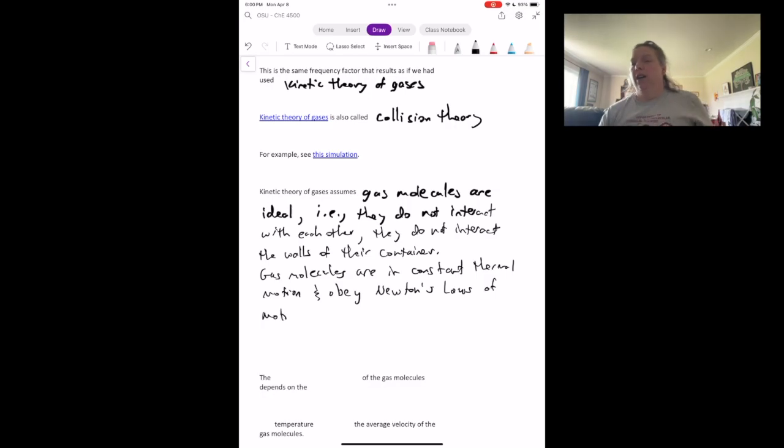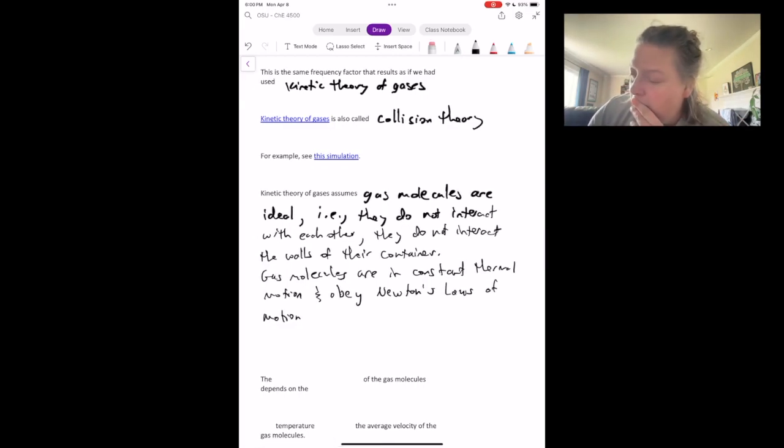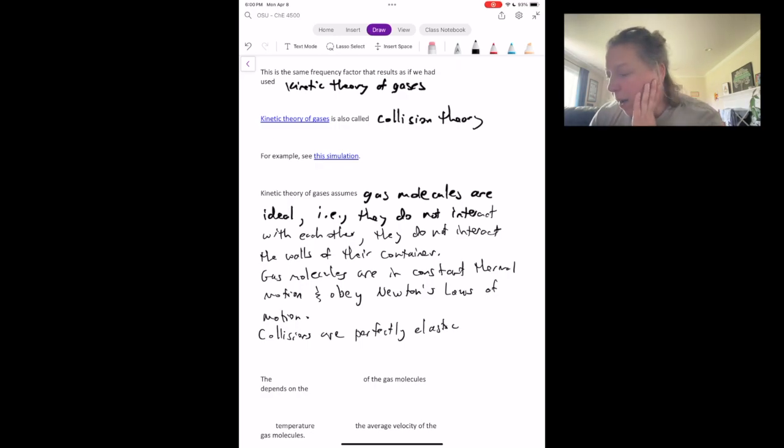This means that their motions are classically defined, or defined by classical physics, not quantum physics. It also assumes that collisions are perfectly elastic. It also assumes that the average kinetic energy of the gas molecules is directly proportional to temperature. So in other words, it assumes that the speed of the gas molecules depends on the temperature.